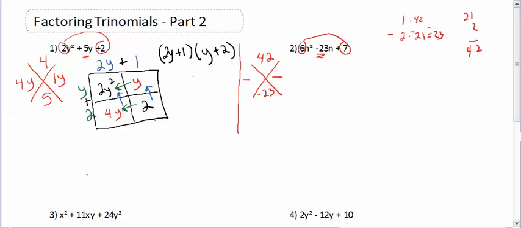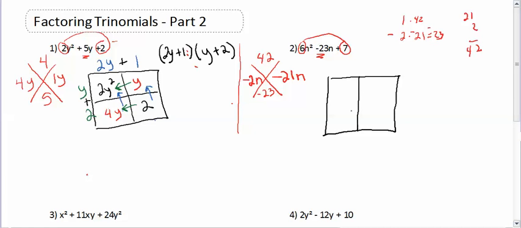So I have 2 and a 21. I put my variables, in this case it's an n, and now I'm ready to make my box. Because now when I multiply these together, I get positive 42. When I add them together, I get negative 23. Now I'm going to do my box.